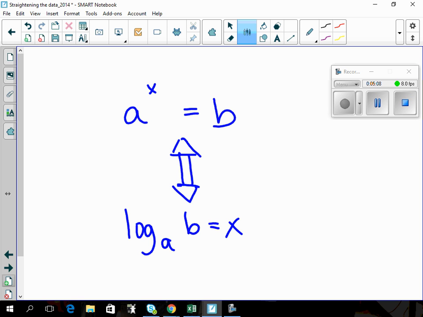Okay? So basically what helps me remember is that the base of the exponent is the same as the base of the log. That helps you. And it's always the base to this power is equal to what you're taking the log of. I don't know. Okay? That's something you just have to know, I guess.